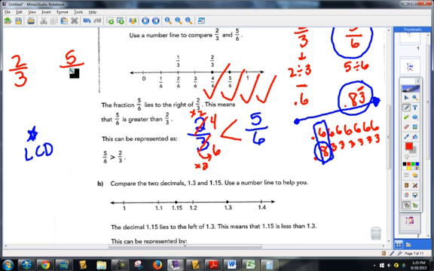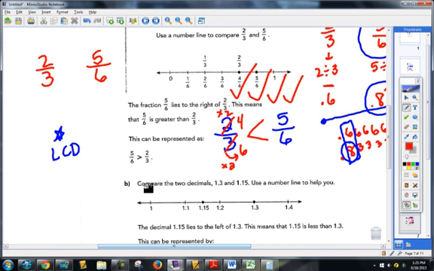Let's say you didn't recognize that you could make 3 become 6. You know what common denominator they do have? Well, you know that both of these, if you just multiply the two denominators together, 3 times 6, you get 18. So doesn't that mean that 3 can become 18 and 6 can also become 18?